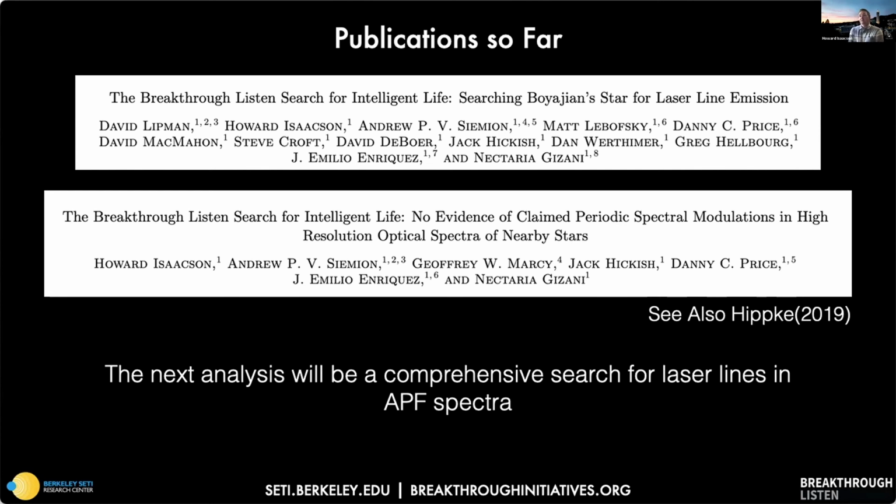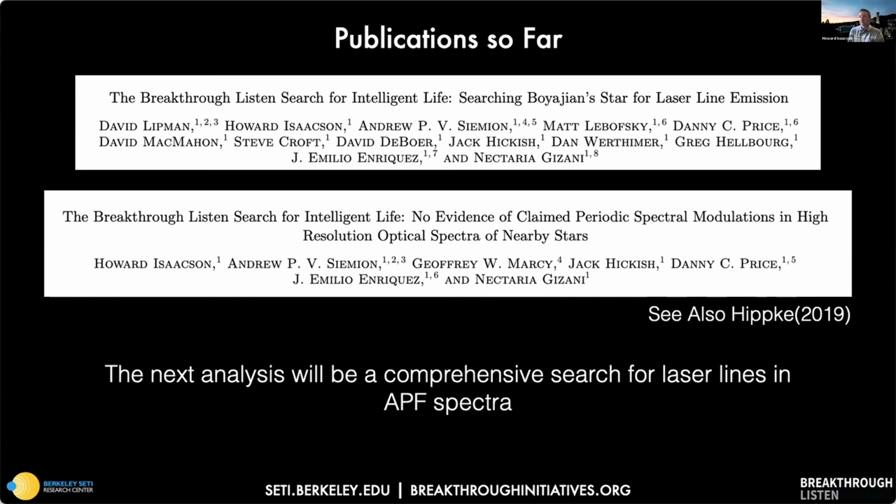Additionally, we took some spectra as a follow-up of some of the Borra and Trottier papers that came out a few years ago claiming periodic spectral modulations using DSS spectra. So we followed those up. We looked for those spectral modulations. We didn't find any.